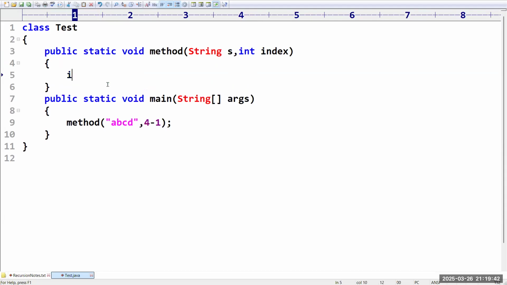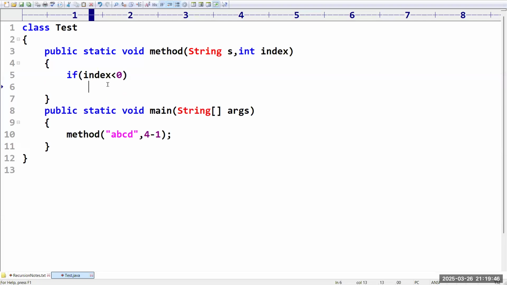Sir, can I use the condition: if the value of index is less than 0, stop this process? Like that I'm taking. Whenever the index value we have given is less than 0, we simply stop this recursion process.